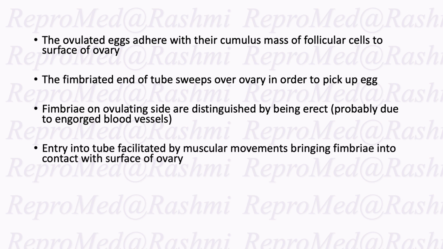Entry into the tube is facilitated by muscular movements, bringing fimbria into contact with the surface of the ovary. So it is the active movement of the tube toward the ovary which facilitates the egg transport into the fallopian tube.